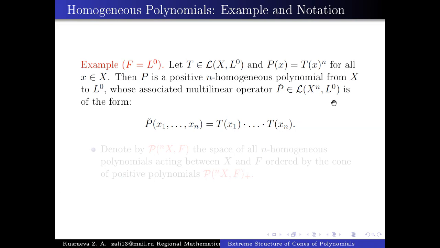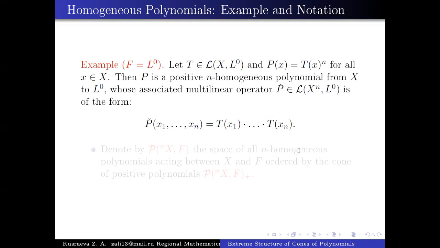For each vector x from X, the value Tx is raised into the power n, and the so obtained operator P is an n-homogeneous polynomial, as its associated multilinear operator can be written explicitly according to the definition which we gave before. It can be easily checked if we take all arguments equal to x, and we can see that this is what we needed.